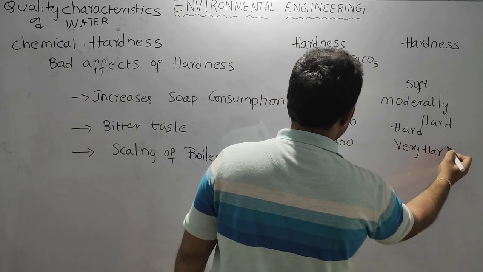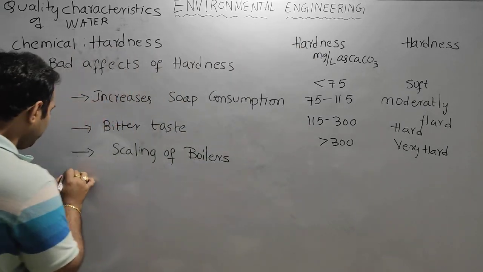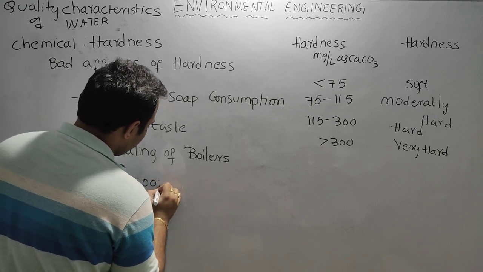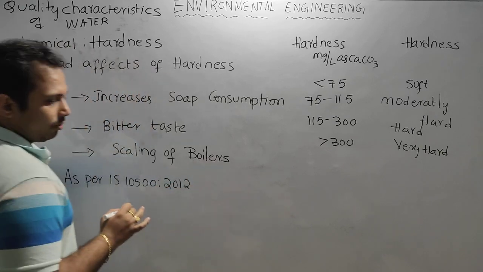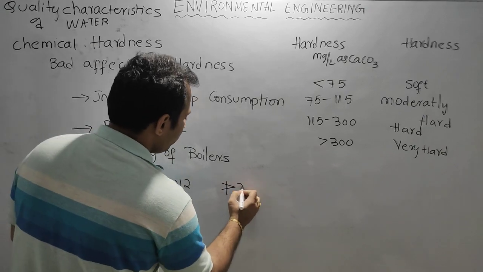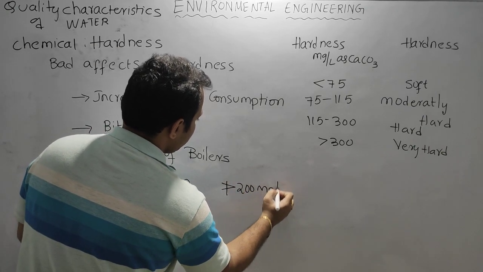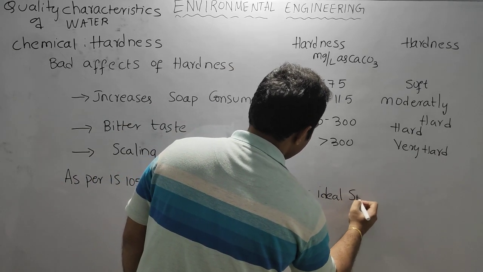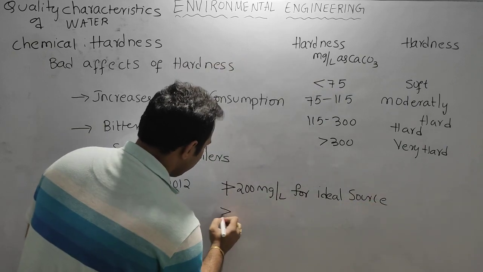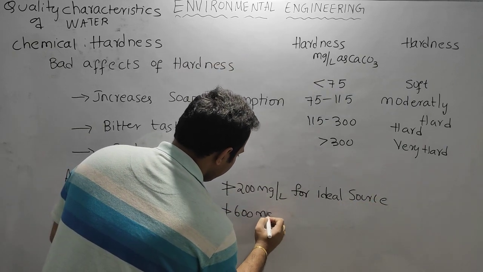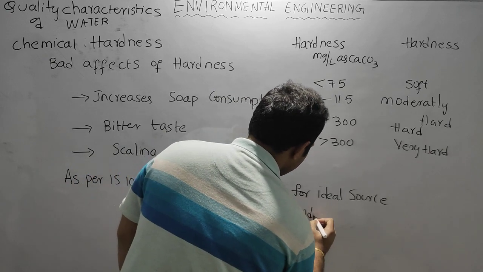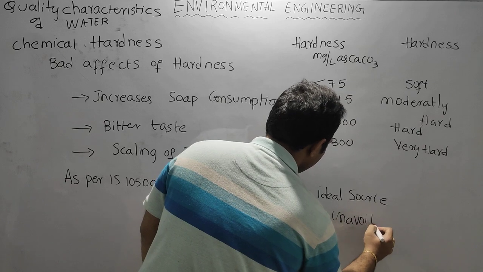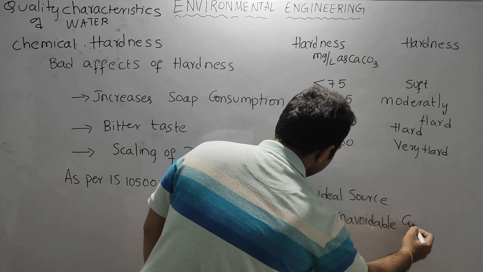But as per IS 10500:2012, for drinking water, hardness should not be more than 200 for an ideal source, and it should not be more than 600 under unavoidable conditions.